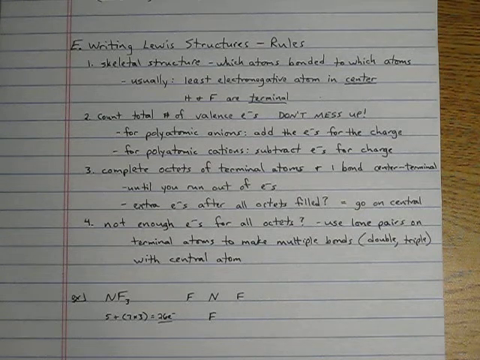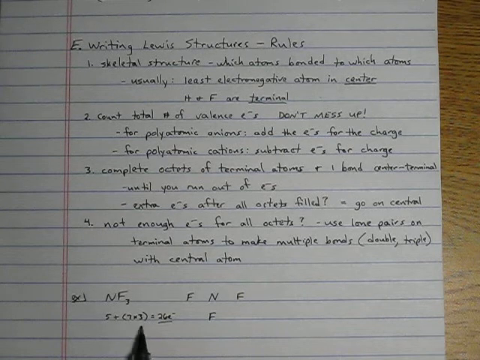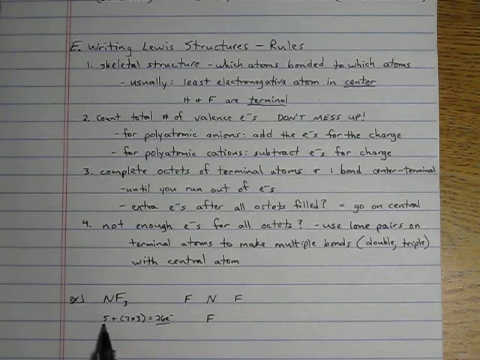All right, so the first one I've kind of started, NF3. Note valence electrons. Nitrogen has 5 valence electrons. Fluorine has 7 valence electrons, but we have 3 fluorines, each with 7 valence electrons. 7 times 3 is 21 valence electrons for the fluorine, plus the 5 valence electrons from this nitrogen means a total of 26 electrons.